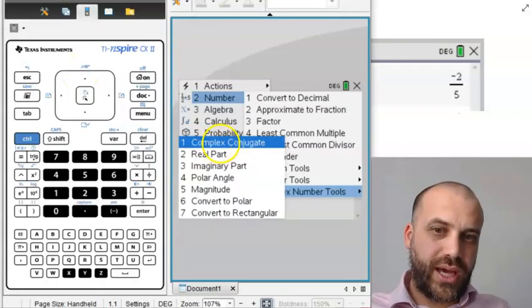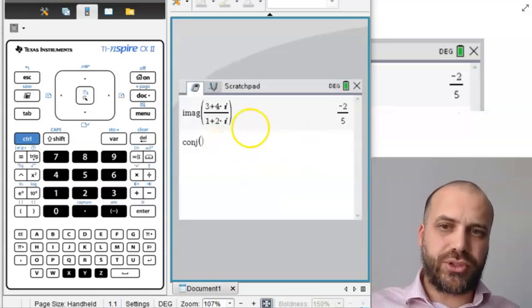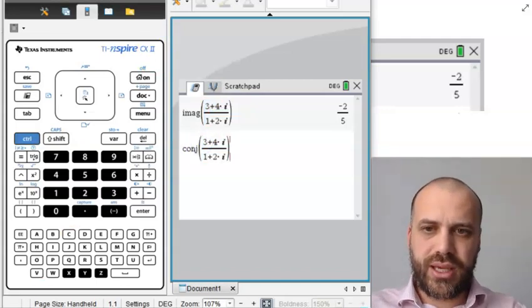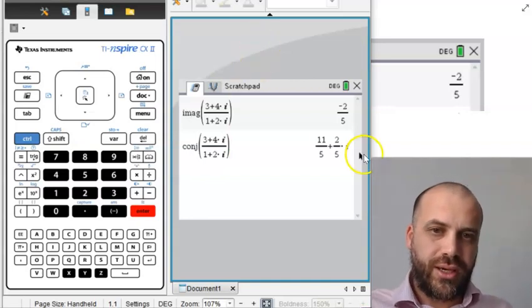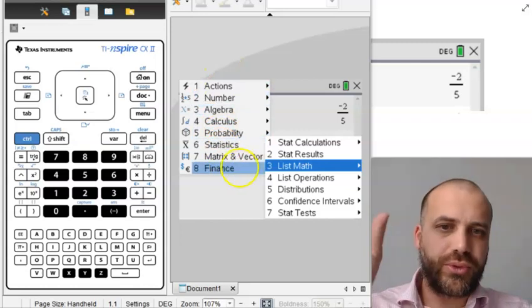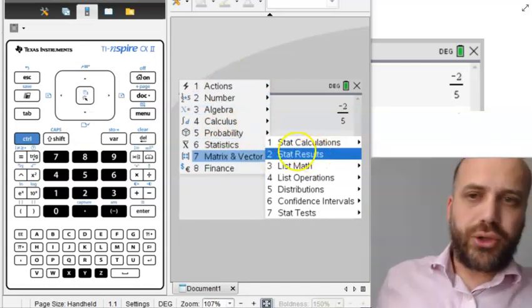And you can see we have a complex conjugate button right there. For the most part, when it's just a simple conjugate, it doesn't make sense to use that, but when you've got something a bit more complicated, being able to just type it straight in makes your life so much easier. So invest the time, go through all of the menus, play about with your calculator, make it spit out numbers, learn something new.